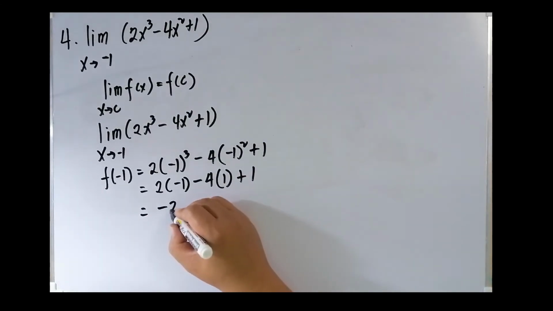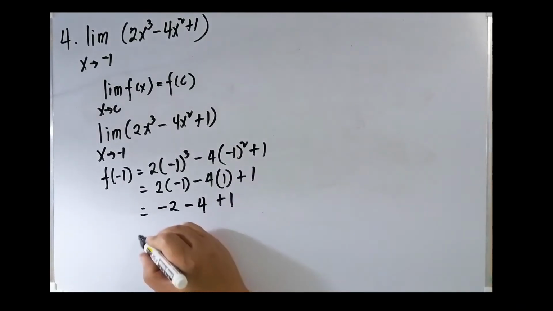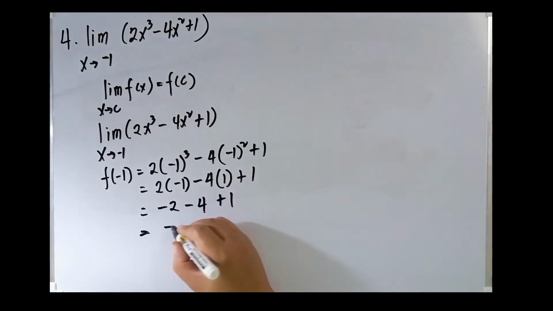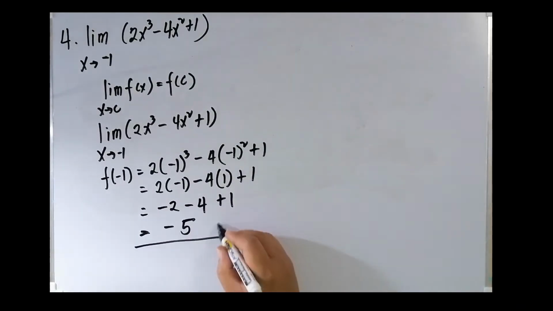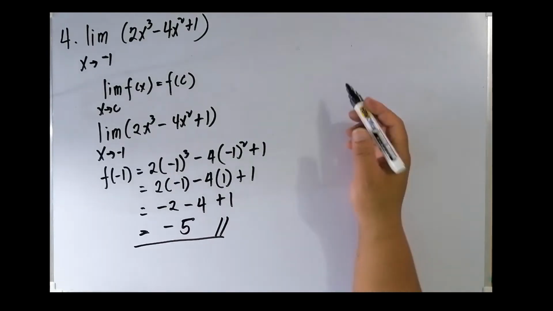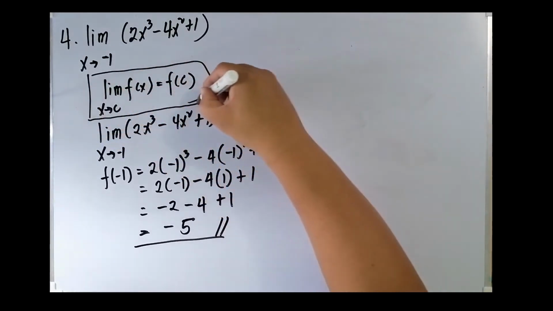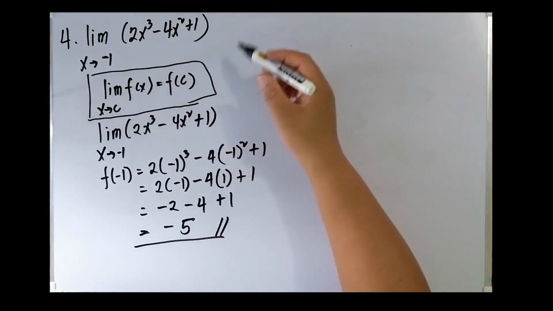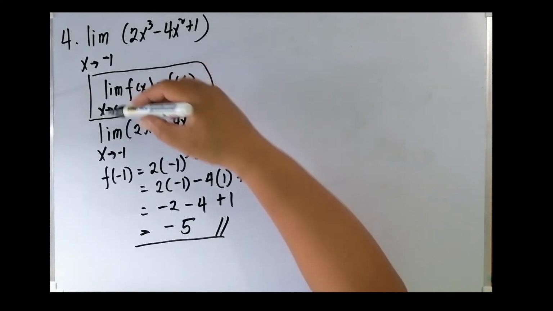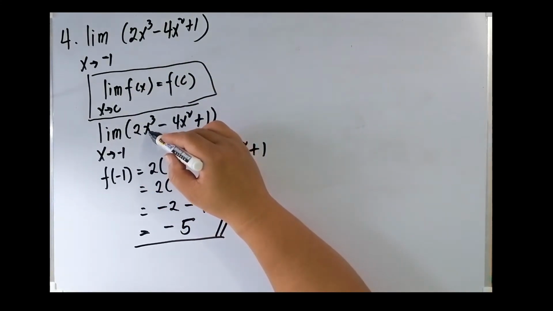Simplify. So we have negative 2 minus 4 plus 1. And this equals negative 5. So, lagi yung tatandaan, class, ang sinasabi ng theorem na to ay if C is a real number, then pwede natin siyang i-substitute yung value ng C doon sa x natin.